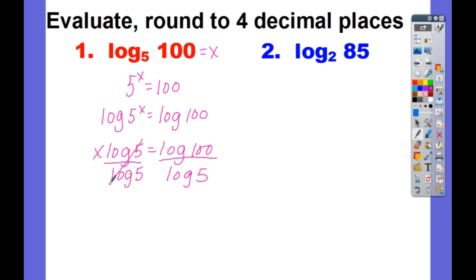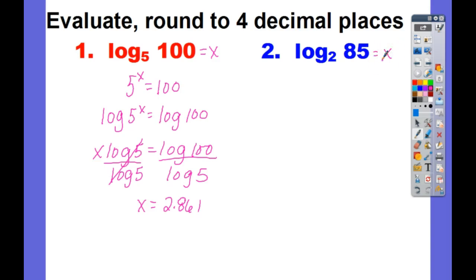You can't take 100 divided by 5, because the log of 100 isn't 100. What? Okay, I know it says 4, but we're going to truncate, and we're not rounding, right? We're truncating at 3, okay? This is more efficient. Okay, so y'all try this one.